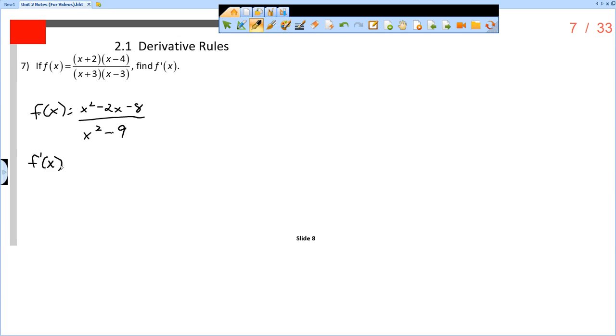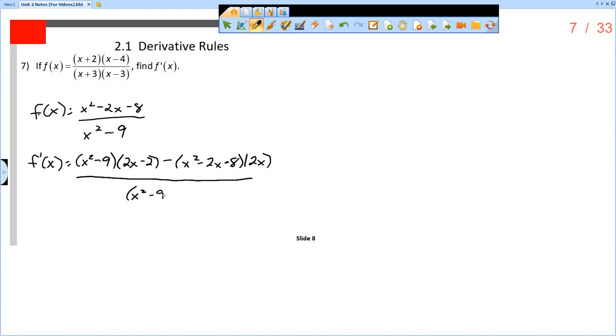So f prime of x equals, remember, quotient rule says denominator x squared minus 9 times the derivative of the numerator, so that'd be 2x minus 2, minus the numerator x squared minus 2x minus 8 times the derivative of the denominator, which is 2x, all divided by the denominator x squared minus 9 quantity squared. Now we should simplify.